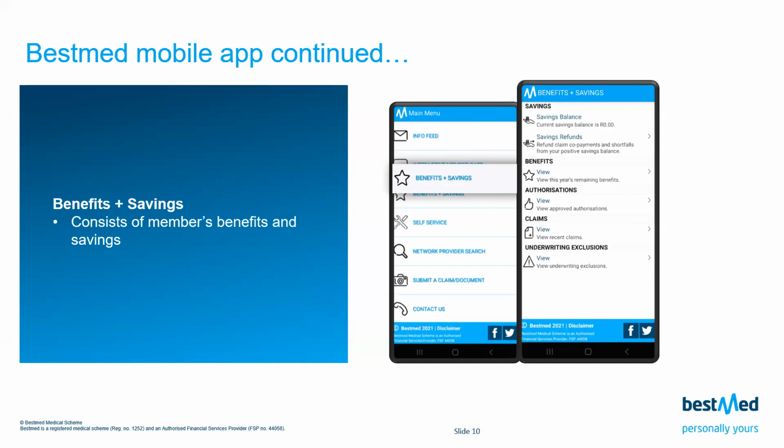The savings refund is a very nice part of the app that you can use if you have claims that BestMed did not pay in full and you have a positive balance in your vested savings. You can click on the savings refund button and select the claims that you want to be paid from your vested savings, and then with the next pay run you will notice that all of the claims have been paid.